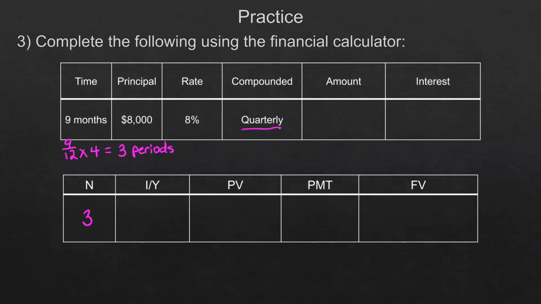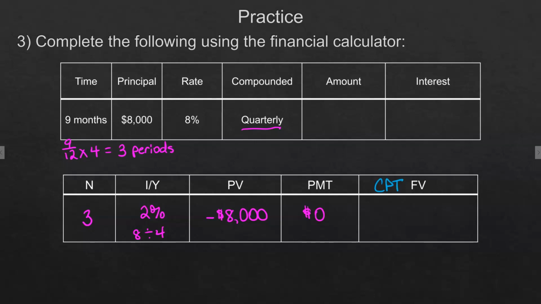Our rate is 8%, so we're going to take 8 divided by 4, and it's a 2% interest rate. Remember, don't put the percent on there. You just simply put in 2. 2 goes on your calculator. The investment is $8,000. We are not making a payment, but then we're going to compute.